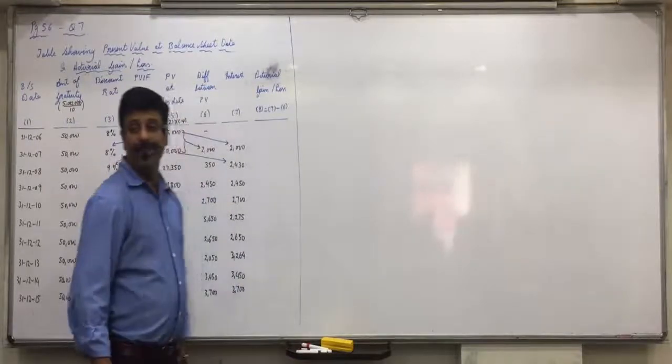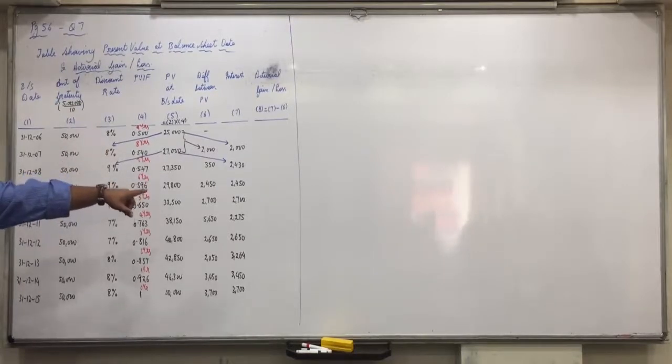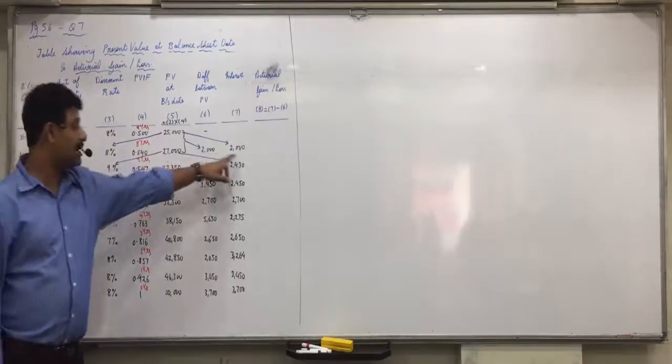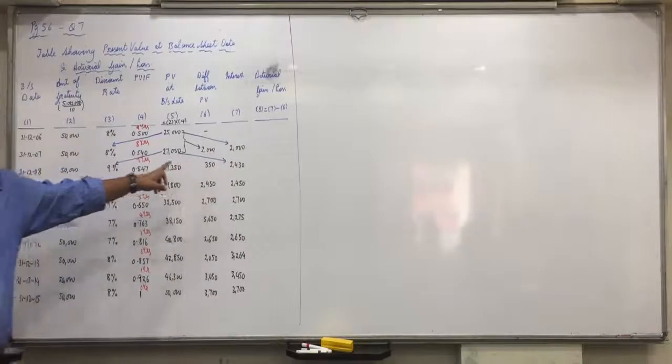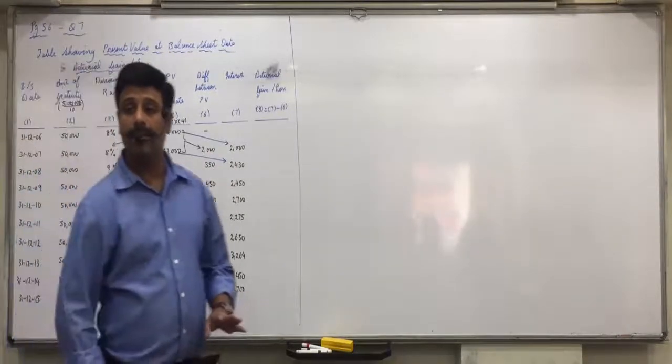Understand this reason. Whenever rate of interest is changing, then only interest amount will change. Like see here, does both years remain 8%? So interest comes same as the difference in present value. There is no actuarial gain or loss. When does actuarial gain or loss occur?